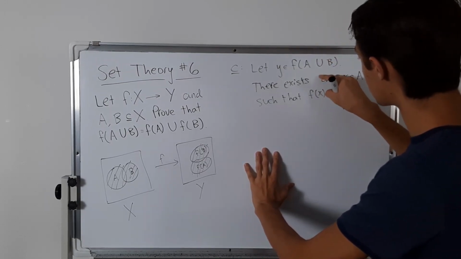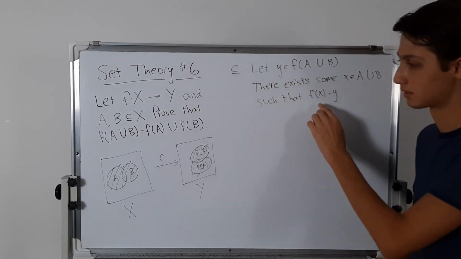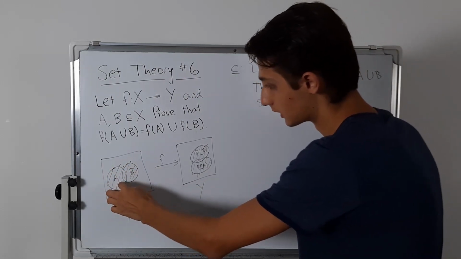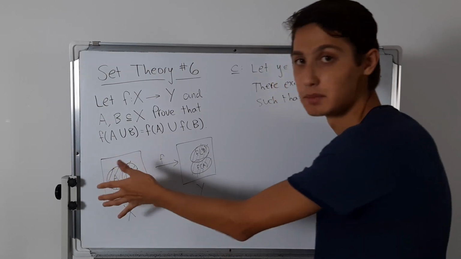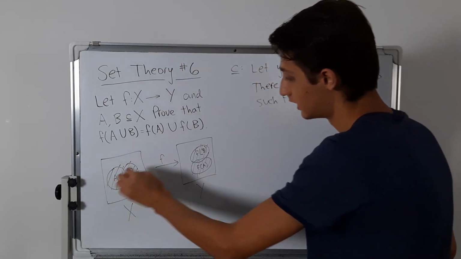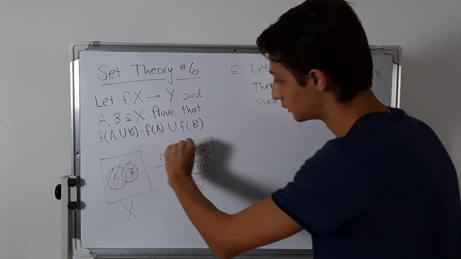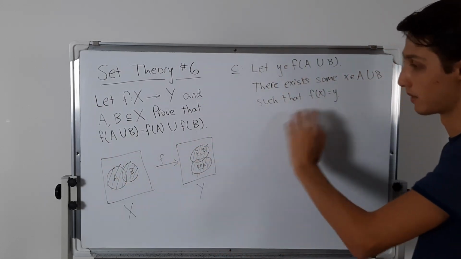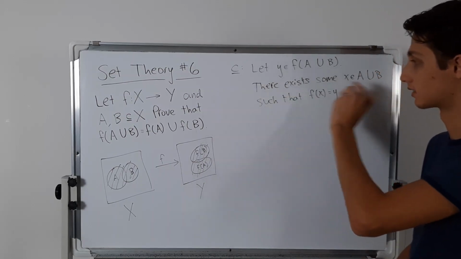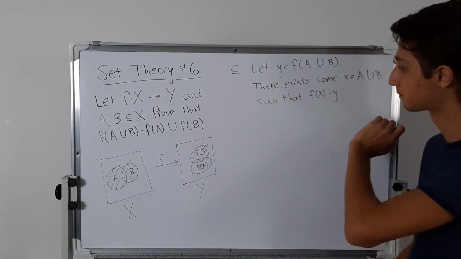So we have to have some element here in A union B. Let's say it's over here, or it could be over here, it doesn't matter, as long as it's somewhere in that shaded area. So f of x equals y, so that's where f of A union B goes to. Makes sense, right? So there exists some x in there such that f of x equals y.